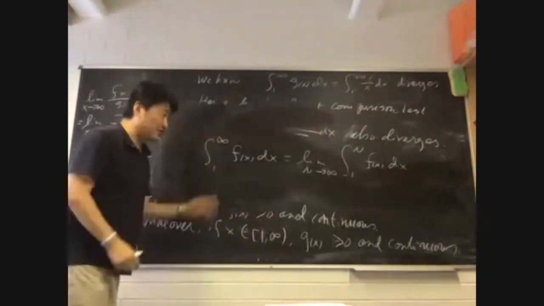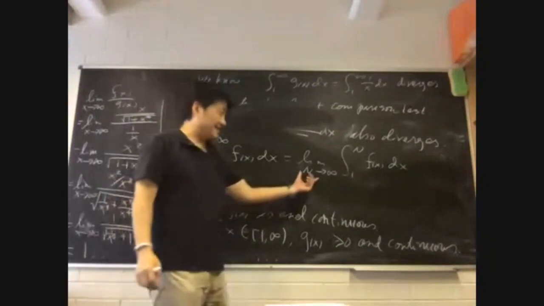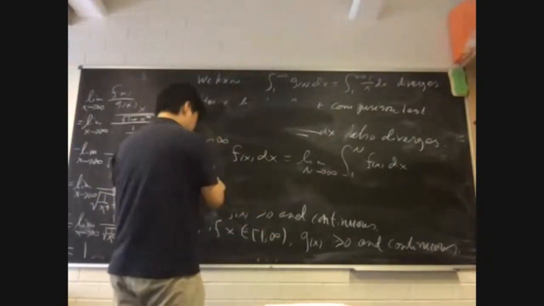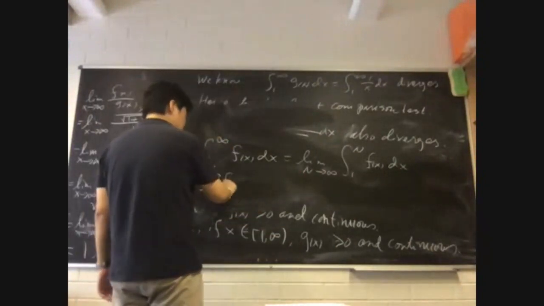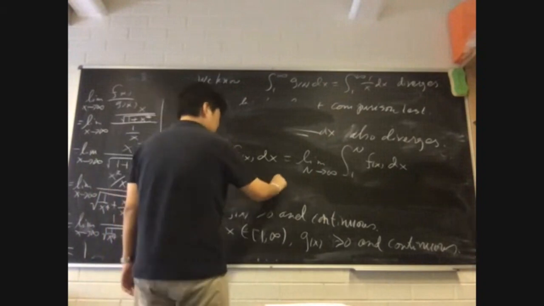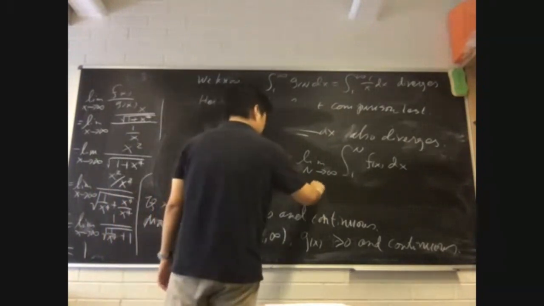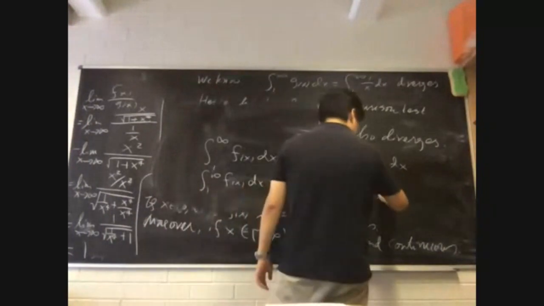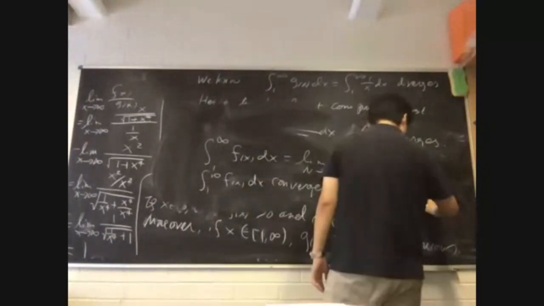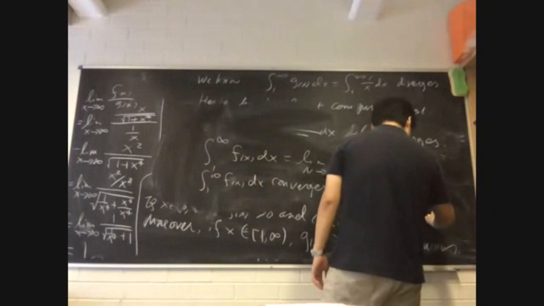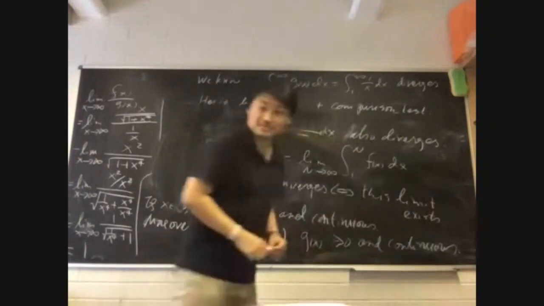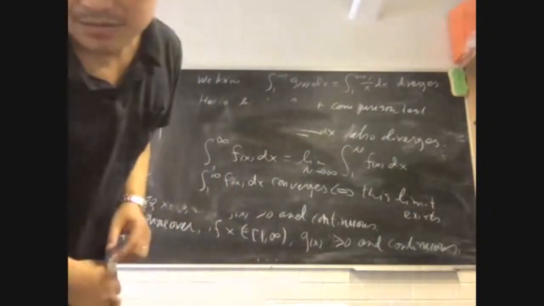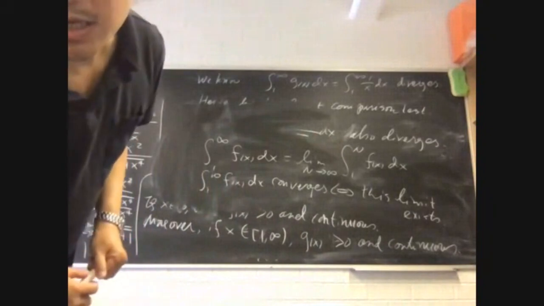To say that this converges is to say that this limit exists, if and only if this limit exists. Is it okay? Okay, good.